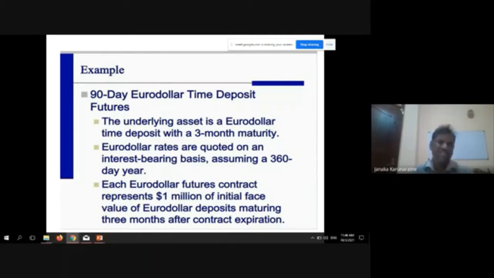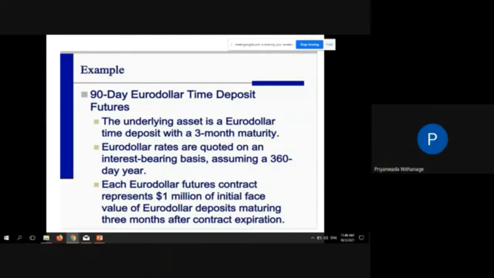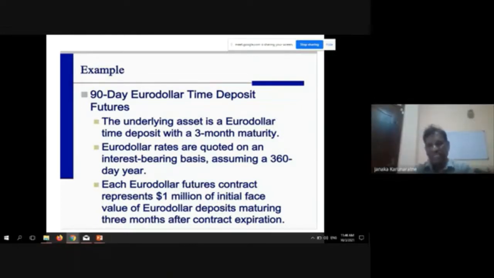How do you do it? Tell me, how many futures contracts do you need to buy or sell? Just for the explanation, it could be buy or sell depending on the situation.